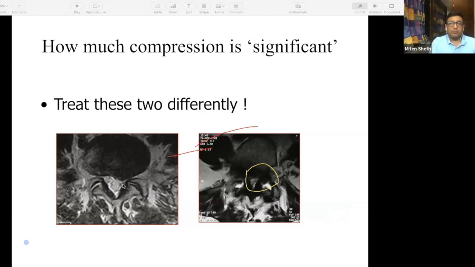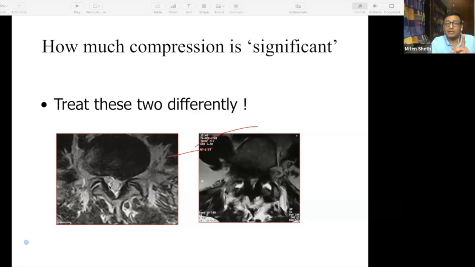Now, if you look at just the imaging, this is obviously looking way more compressed than this. Yeah. But this patient was not operated. This patient required surgery because although the other patient had a lot of compression, with the help of exercises he was able to easily walk for 30 minutes without any problem. So that is not clinically relevant for me right now.